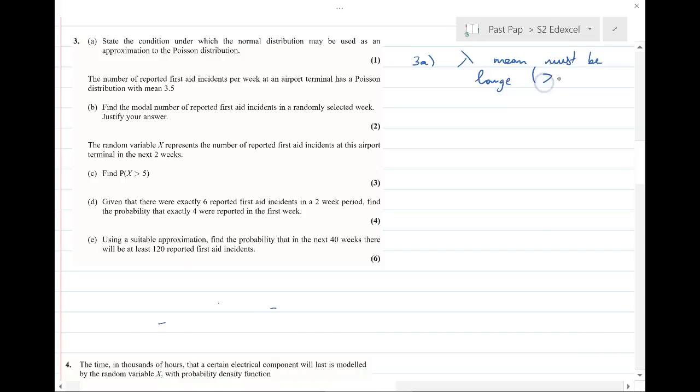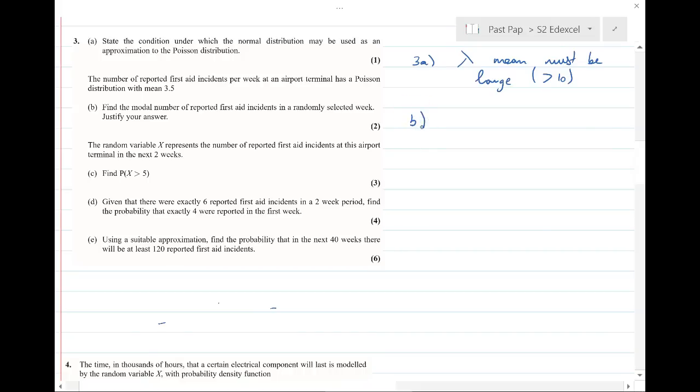Apparently, greater than 10 is a good thing to go on. So the mean must be large. Obviously, the larger it is, the more accurate the approximation is.